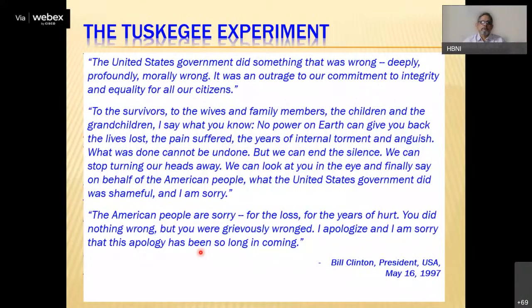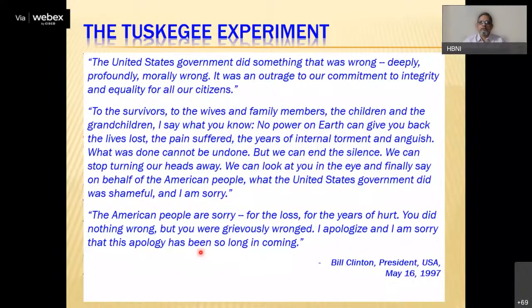To the survivors, to the wives and family members, the children and grandchildren, I say what you know. No power on this earth can give you back the lives lost, the pain suffered, the years of internal torment and anguish. What was done cannot be undone, but we can end the silence. We can stop turning our heads away.